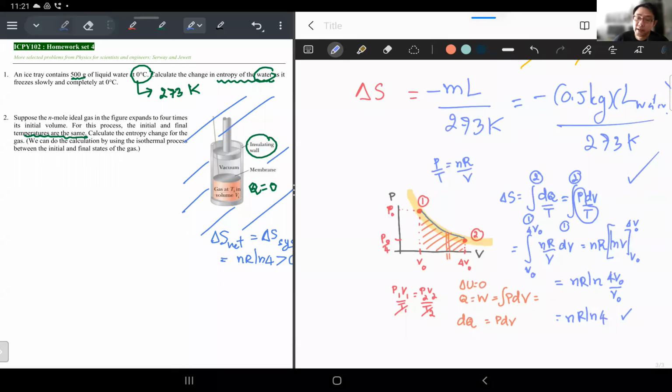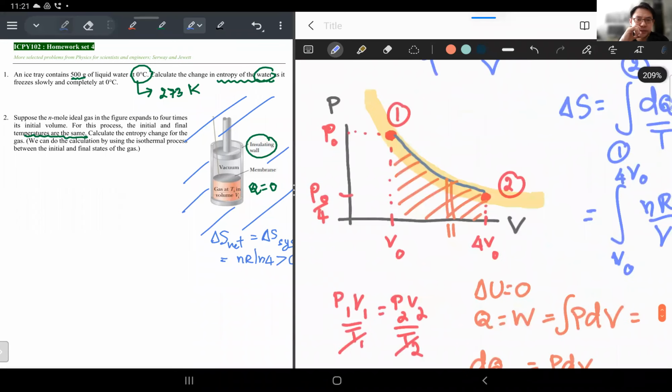Isothermal, okay. That is flipped in reverse. Reverse means reverse in direction, or you flip? No, flip, transform. I don't get what you mean by transform.